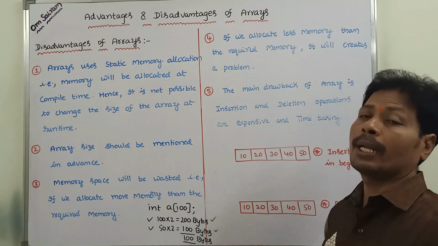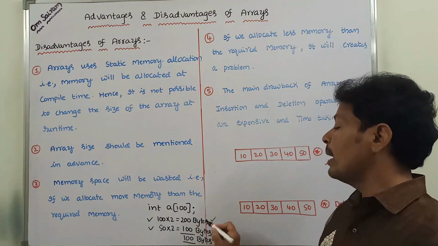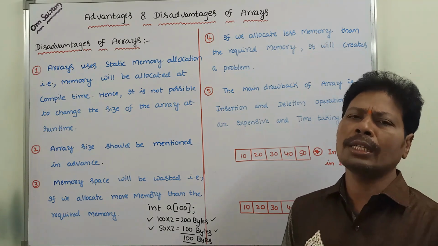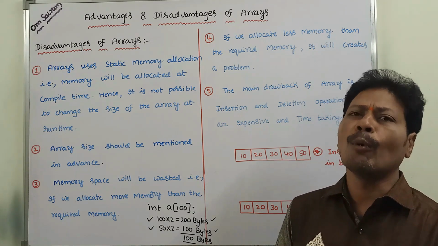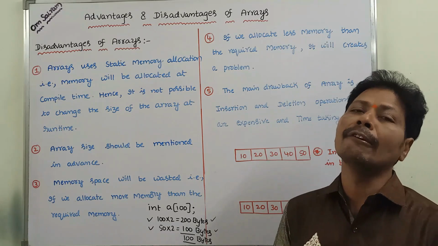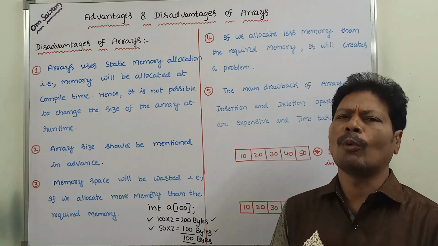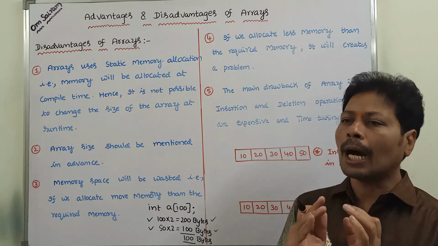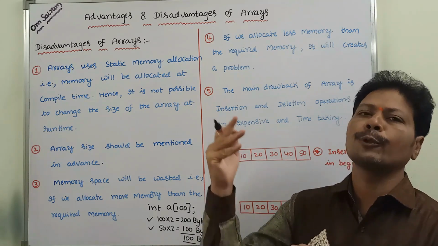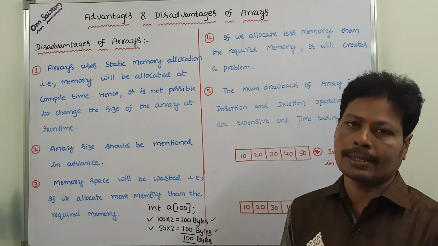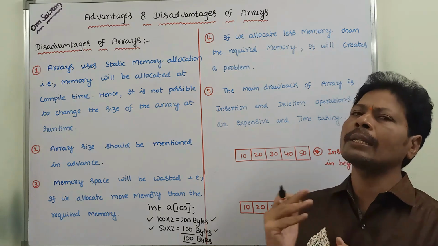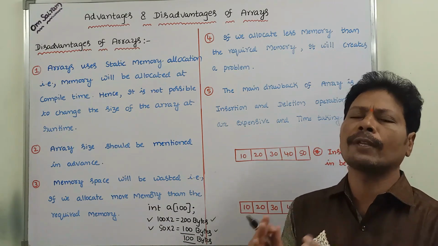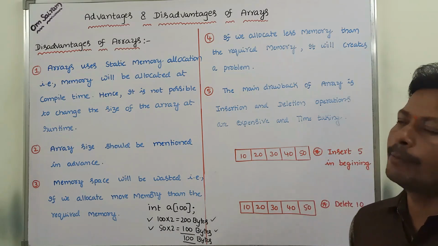The remaining memory will be wasted. So the main disadvantage of the array is that memory will be wasted. Whatever memory you require, only according to that you have to mention the array size. If we declare the array size more than that, memory will be wasted.